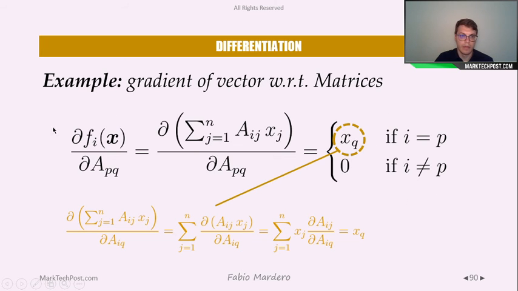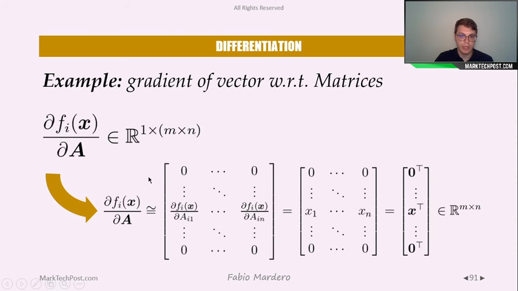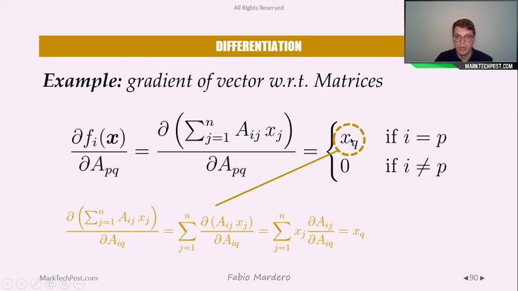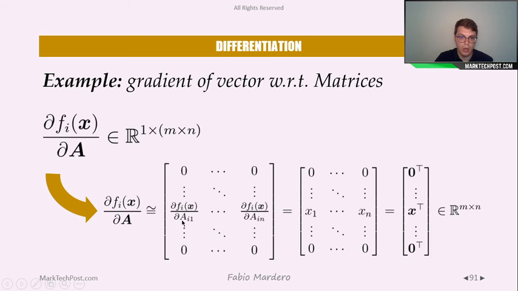So here we have that this derivative is equal to xq if i equals p. Otherwise, it's 0. So what we are getting here is a matrix that has only one non-zero row. And what are these? They are the xq's, here the column, so x1 to xn.